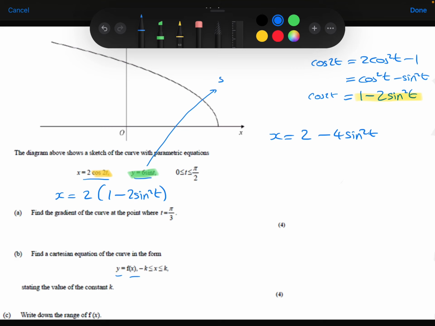So I'm going to say that sine t is equal to y over 6, which I can now substitute in instead of the sine here. So I'd get x is equal to 2 minus 4 lots of the y over 6 squared. This is my sine t squared.